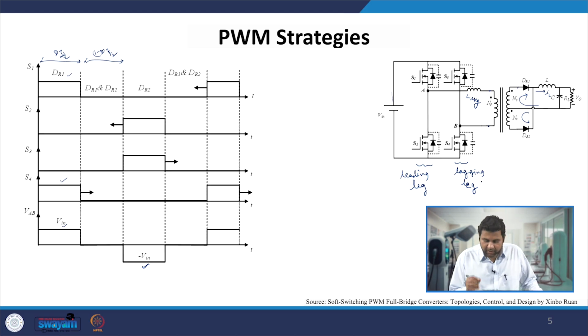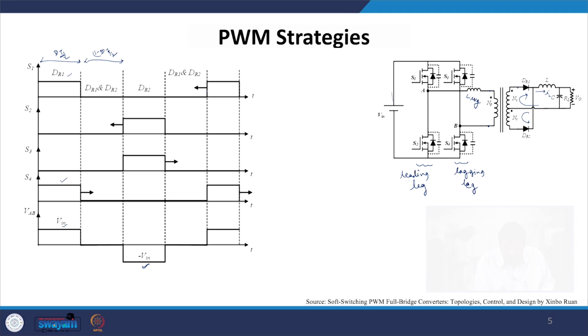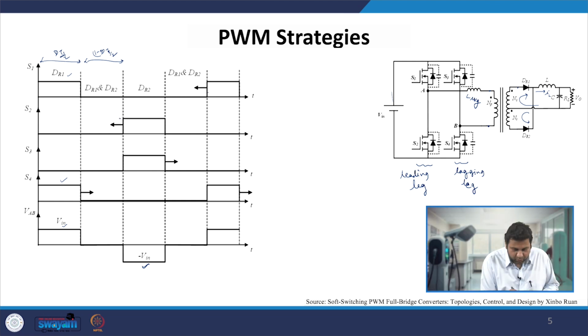In this, what we can do is change the turn on time of the leading leg switches, which are S1 and S2, by a certain duration. Let us say S2 goes to this particular point, and let us say my S1 also goes to the same point.